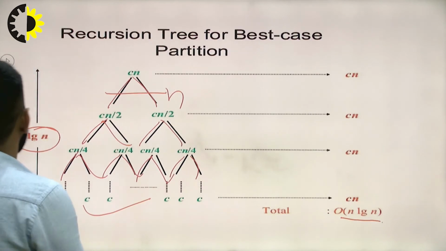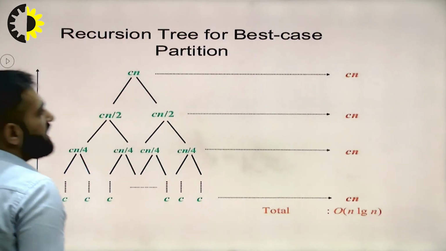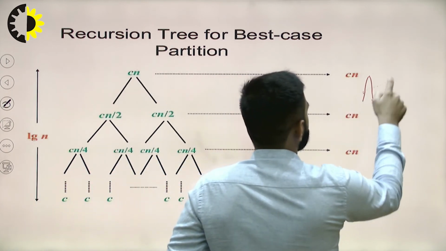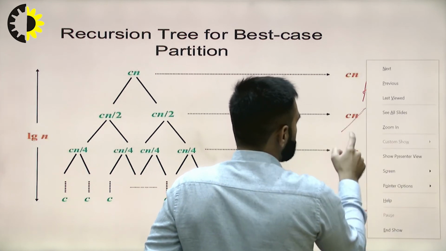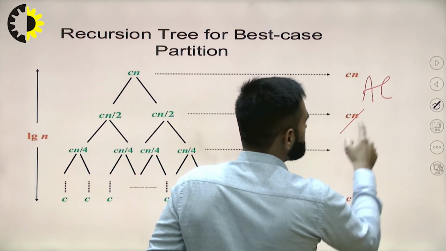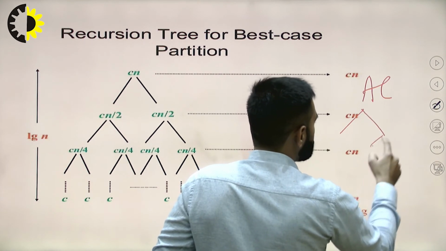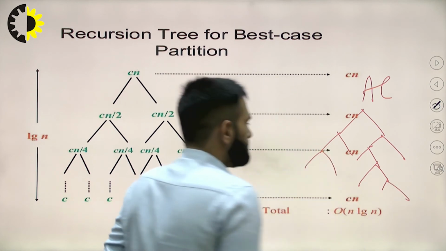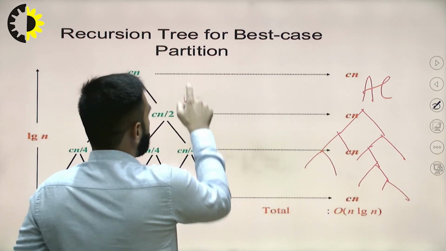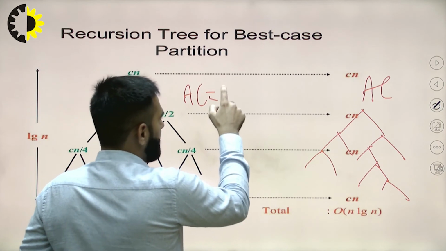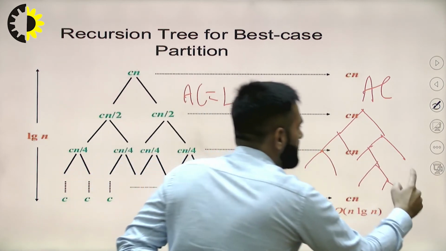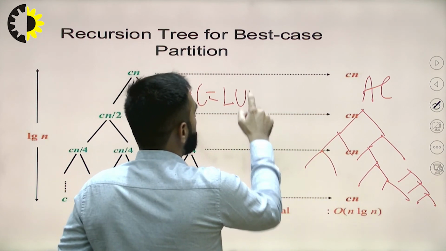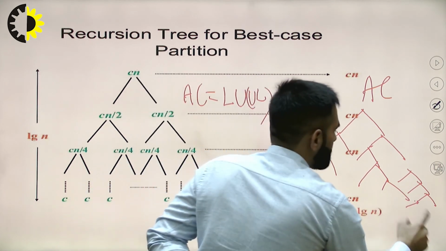Now see the average case. What will happen in the average case? In the average case, sometimes equal, sometimes a gap, sometimes equal, sometimes a gap. So what will happen in this case? In the average case, the array is lucky when we get the equal division, and unlucky when there is a one side gap.